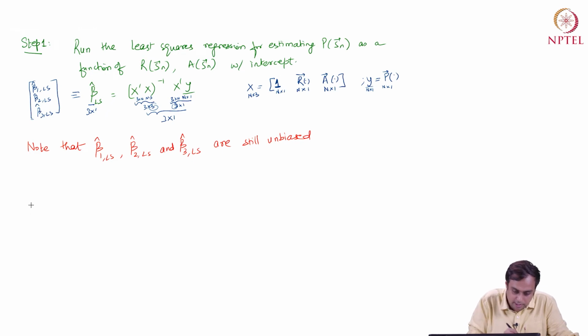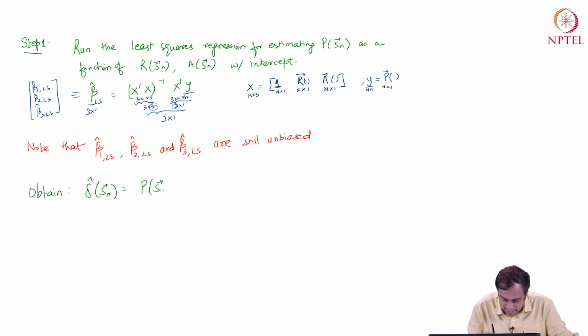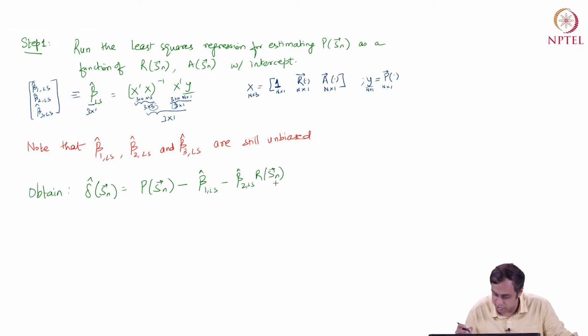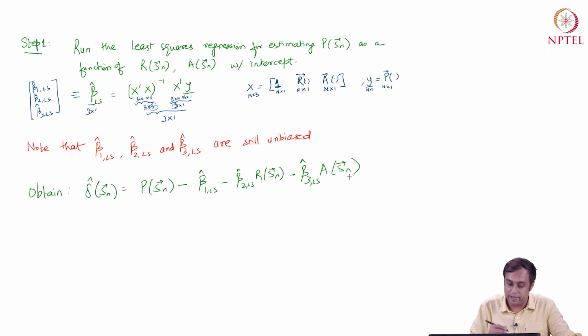So using these, I'm going to propose that we obtain delta hat(s_n) as P(s_n) minus beta 1 hat LS, minus beta 2 hat LS times R at location s_n, minus beta 3 hat LS times A at location s_n. So I can evaluate it at each location.